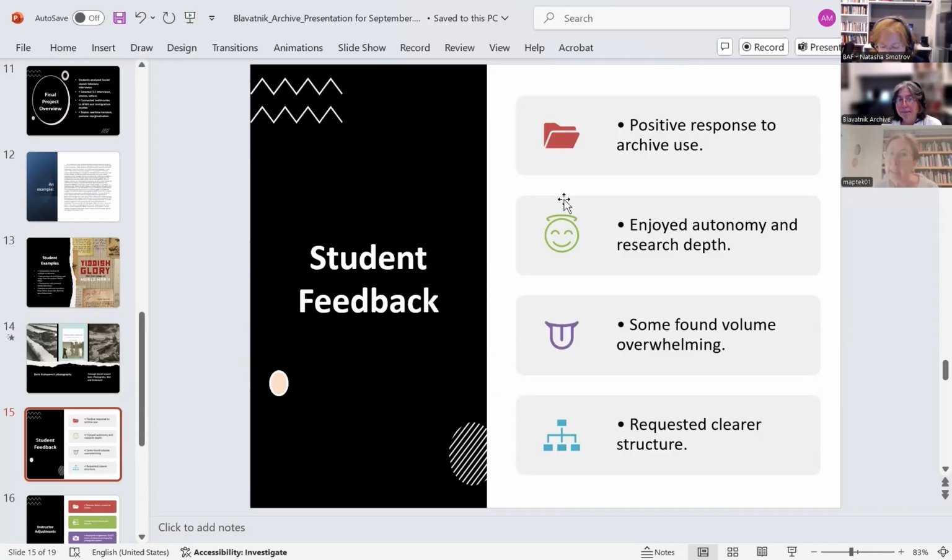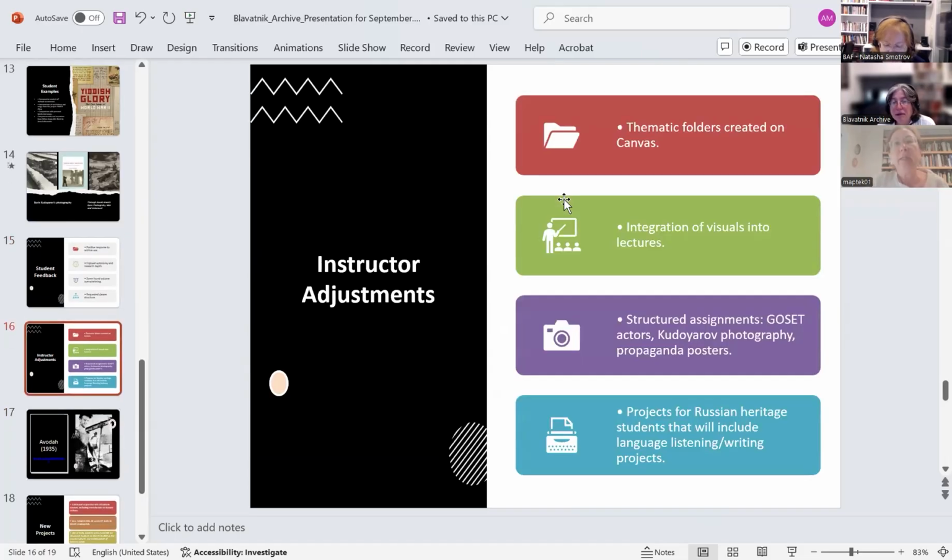And they requested clear structure. So that's why now I have a much clearer structure. When I used this in the Introduction to Russian Culture and in the Israeli course, students were much happier, because they found the clear structure much more helpful. And these were thematic folders created on Canvas.